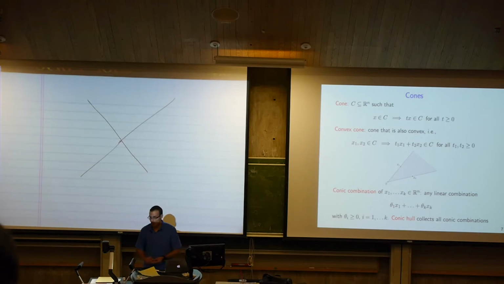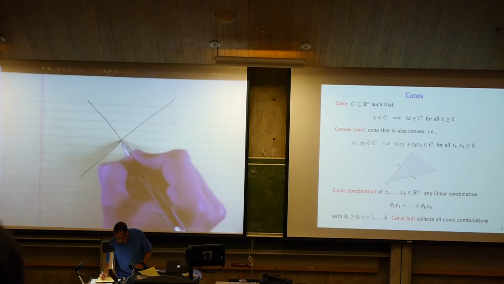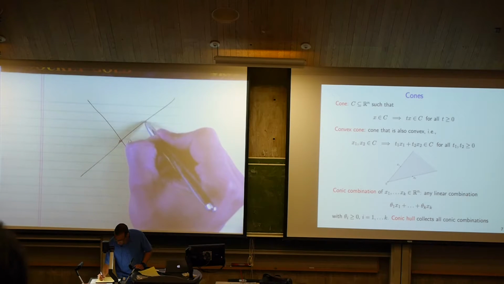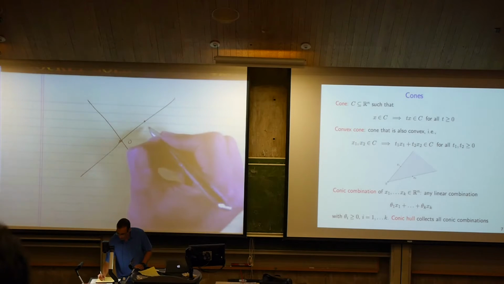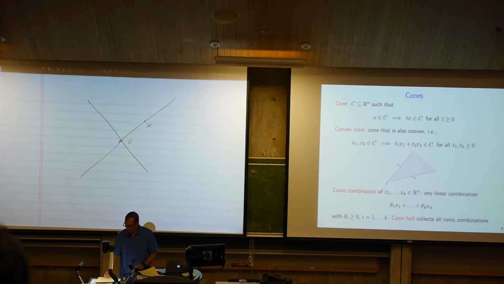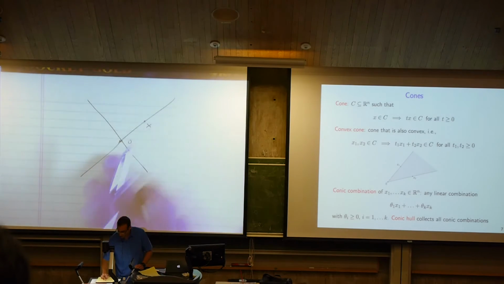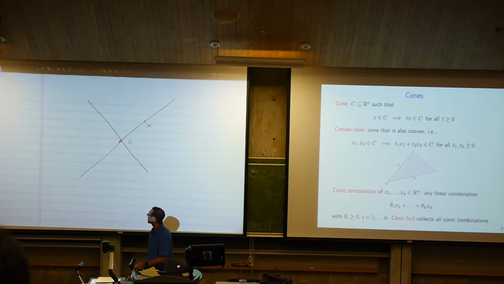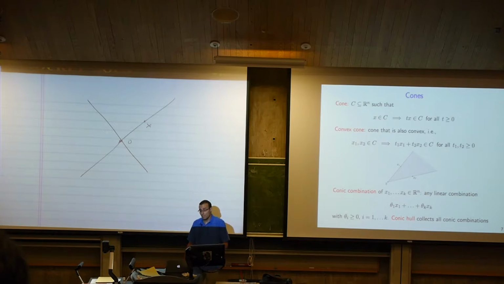Suppose this is 0, and I have a point x in the set. Any positive multiple of x just takes me out this direction, so it's definitely contained in the set. But that's pretty far from convex, almost as far from convex as you can get. So cones can be very spiky in some sense, but convex cones have a lot of nice properties, so we'll focus on them.